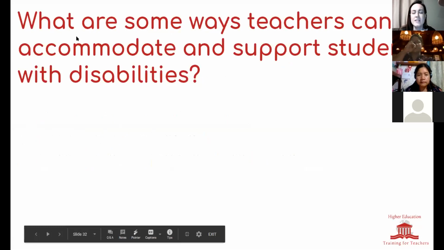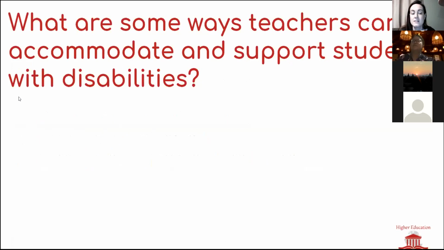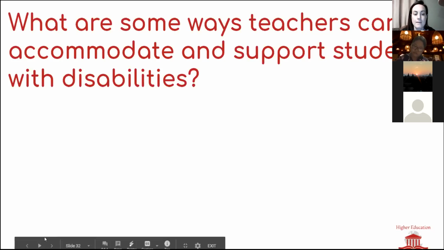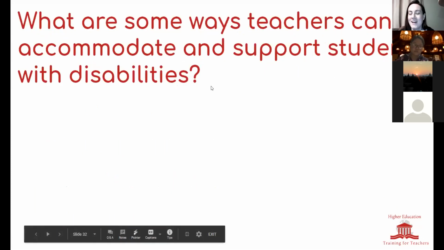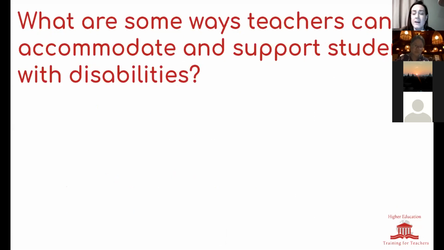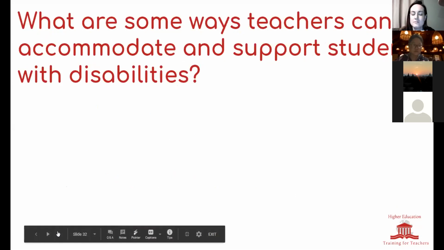What are some ways teachers can accommodate and support students with disabilities? Does anyone have any ideas? Encouraging, good. You can be encouraging and supportive of them. Anyone else? Changing sitting position.